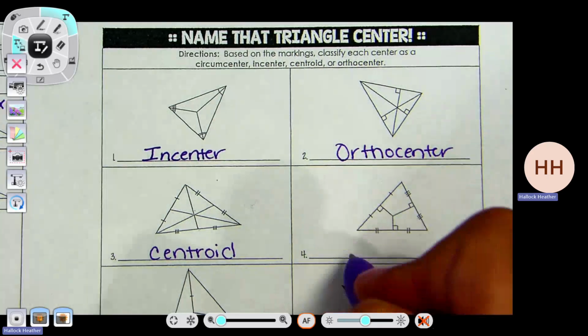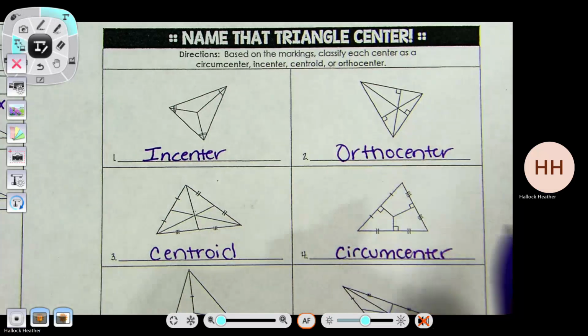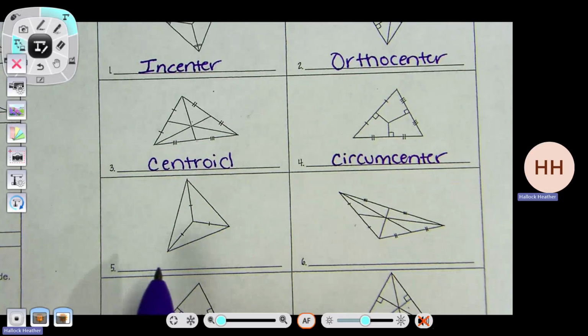The next one is a circumcenter. Let's do number 5, and then you can try the last one. Now it's showing less and less, but based on what's shown, what is in the picture?